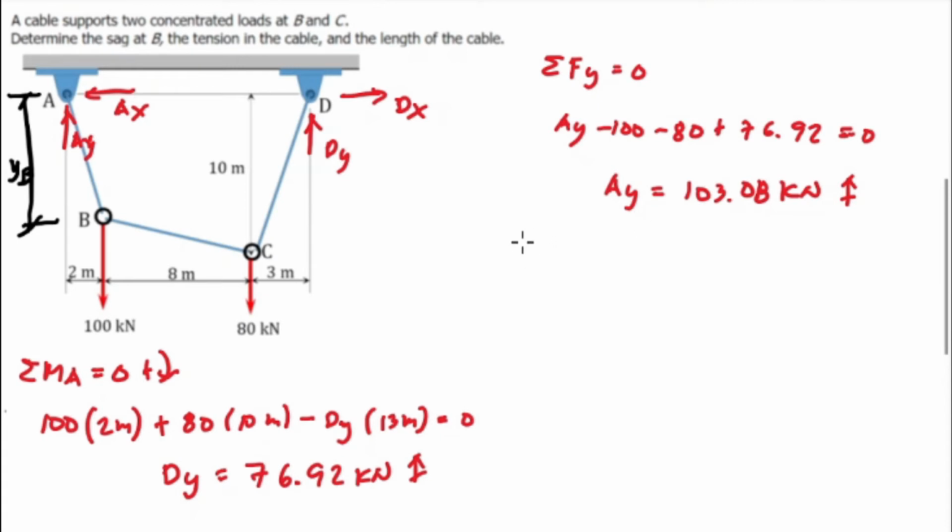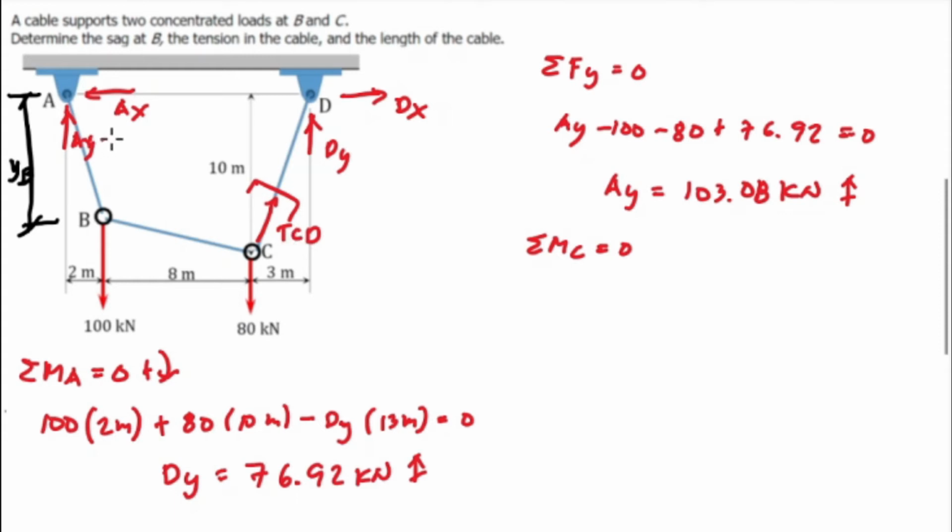If we cut at point C, taking the summation of moments at point C, we have A sub Y, A sub X, which is the unknown, and the tension T sub CD. At point C, the moment of T sub CD is equal to 0.